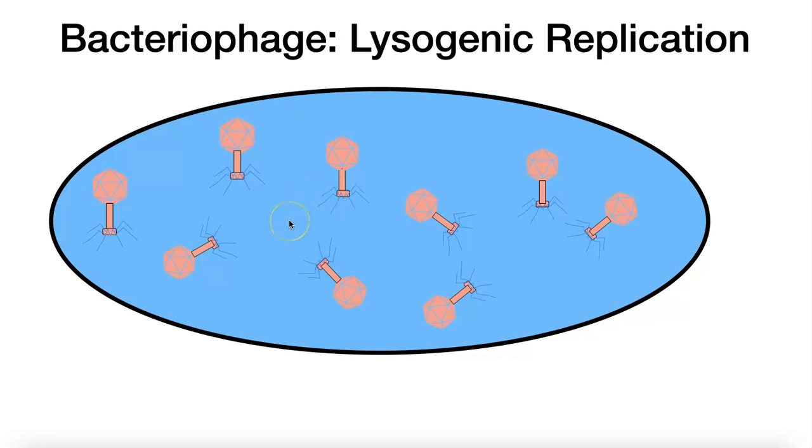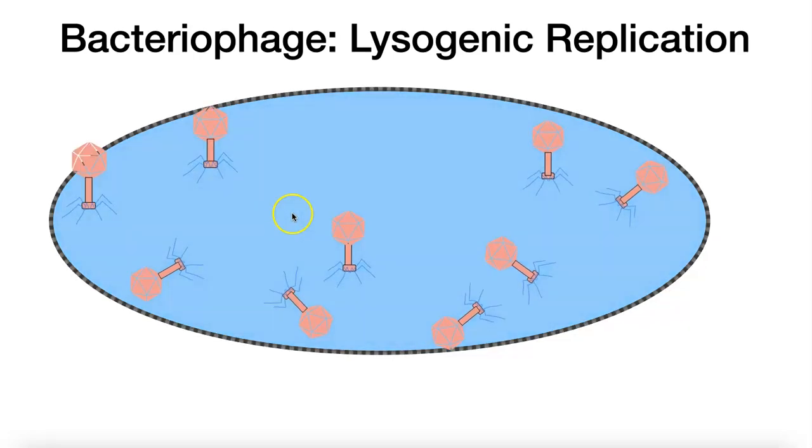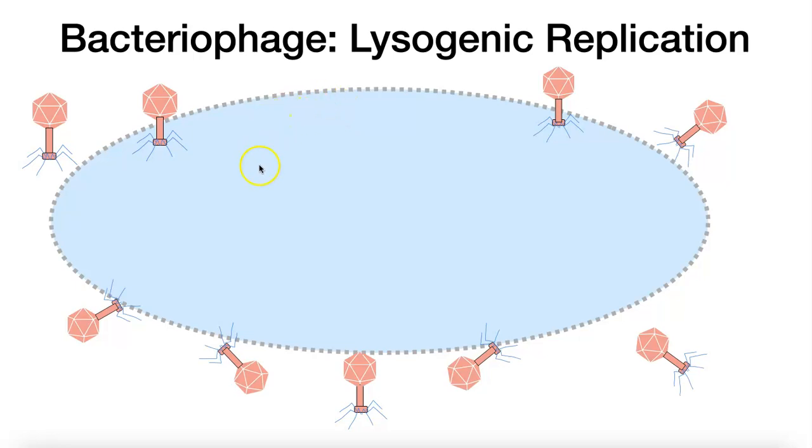And that happens through, because we've switched to the lytic cycle, the lysis of this bacterial cell. So this host cell dies, and upon doing so, the cell membrane loses its integrity, and these newly assembled bacteriophage are released. And you can then look at this, and this one bacteriophage can go find another host cell to repeat this process.